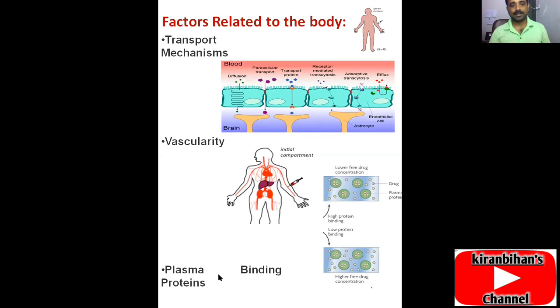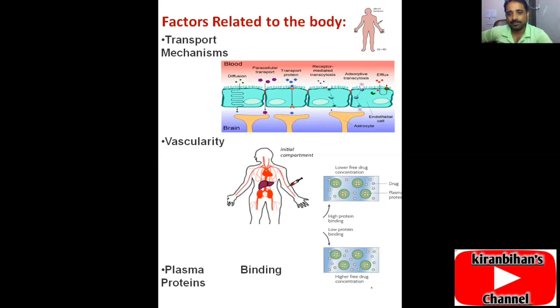Plasma protein binding. This is the most important factor related to the body. Plasma proteins are albumin and globulin. If the person is suffering from hyperalbuminemia, what will happen after distribution? There is protein binding of the drug.